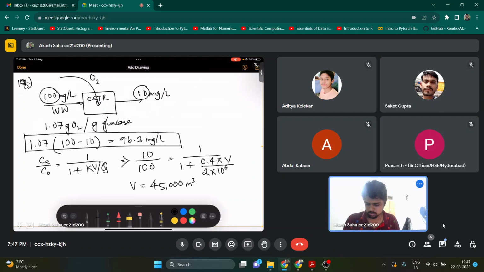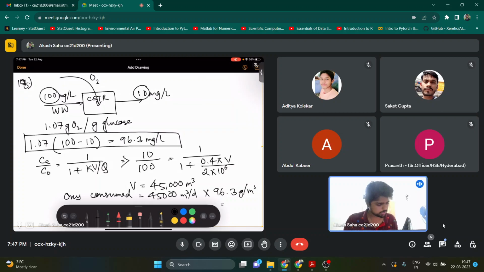So how much oxygen will be consumed? Oxygen consumed will be equal to 45,000 meter cube per day into 96.3 milligram per liter, or we can write gram per meter cube.